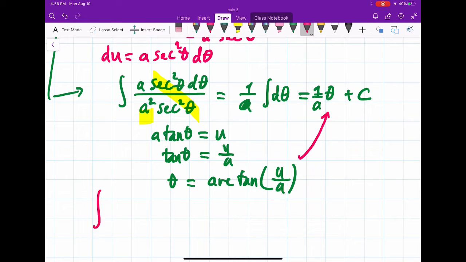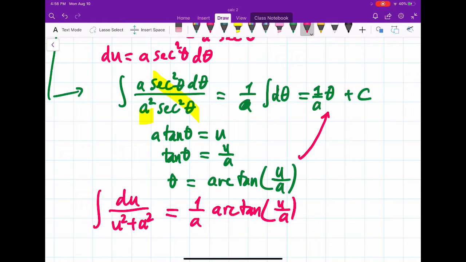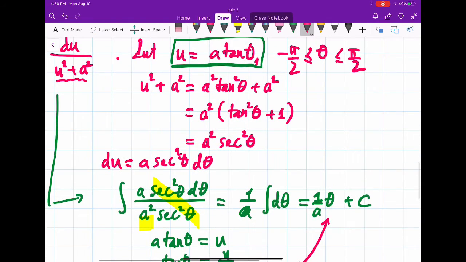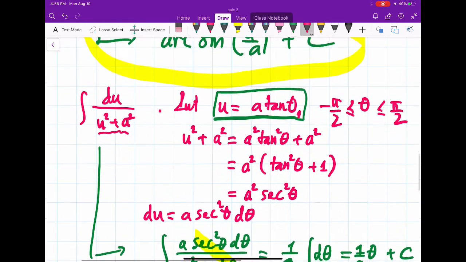So your integral du over u^2 plus a^2 equals 1 over a arctangent of u over a plus c.